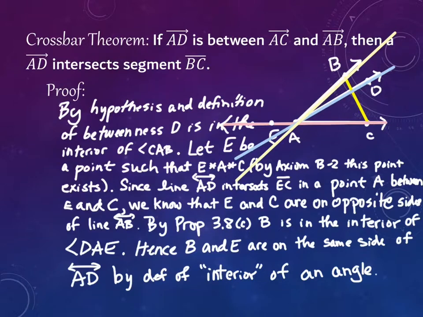Okay, so we've got angle DAE. I don't want to draw it in anymore because I'm making a mess out of my diagram, so I'll draw it and then I'll erase it. I can't draw in that color; it's too dark, dark purple. So here's DAE, and B is in the interior, right?